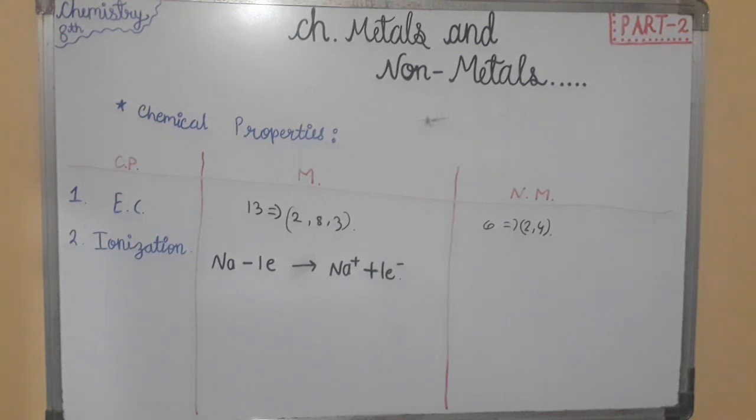Example, F plus 1 electron gives F minus.